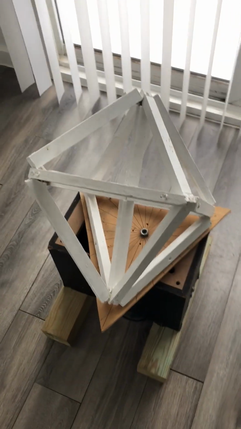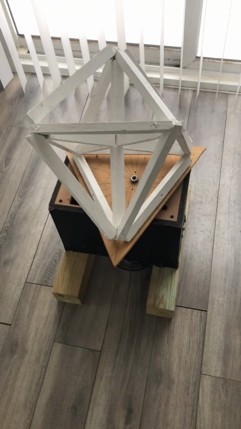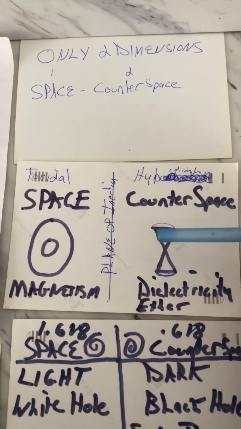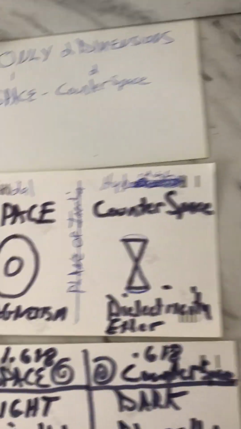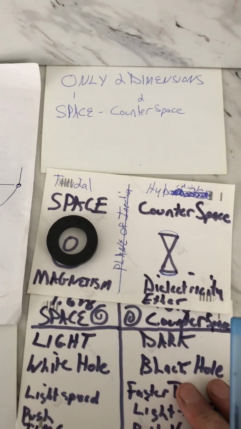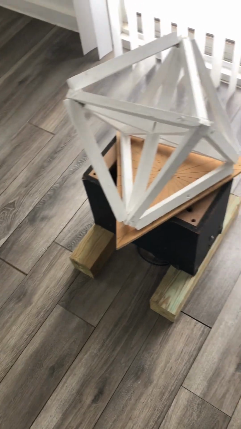So, like I said, magnetism is represented by the donut or the toroid or the torus. Counterspace is represented by the hyperboloid, this hourglass looking shape. So this would represent magnetism or space. This would represent counterspace. So this is exactly what this object shows you.